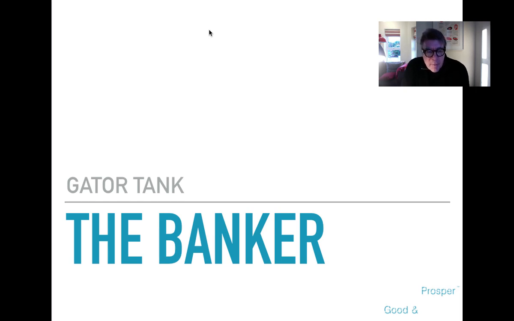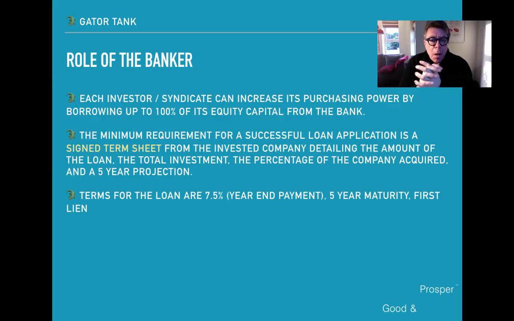Now, in order to make it a bit more exciting, the investors have the opportunity of borrowing up to 100% of its equity capital from the bank. In other words, the investor can borrow up to the same amount of money that they have available from their investment pool in order to finance the purchase of the company.